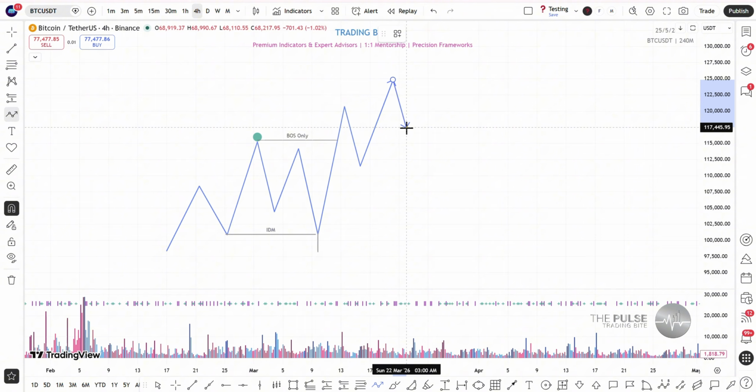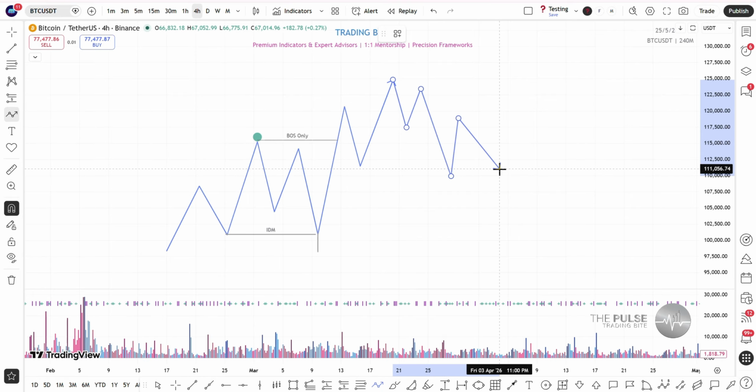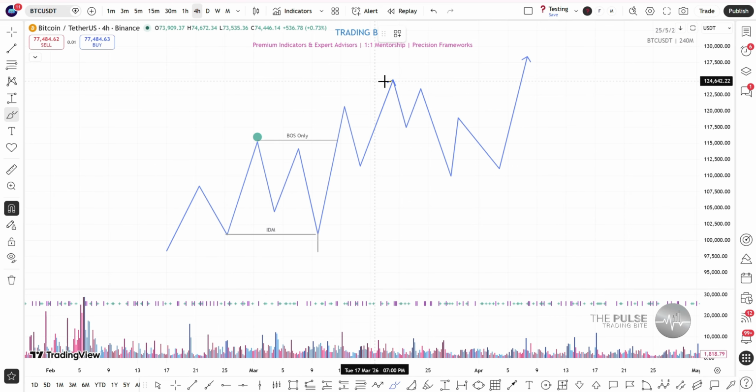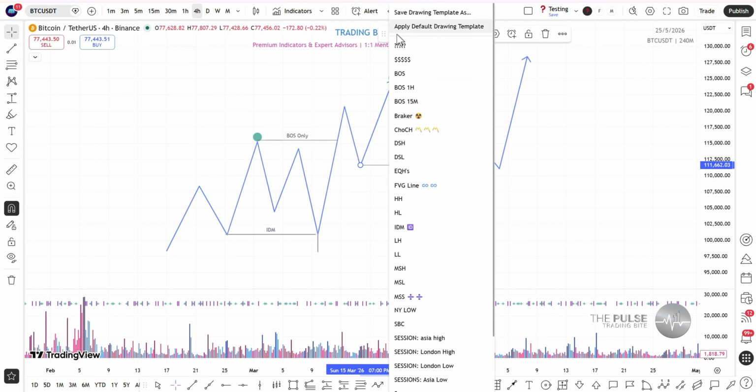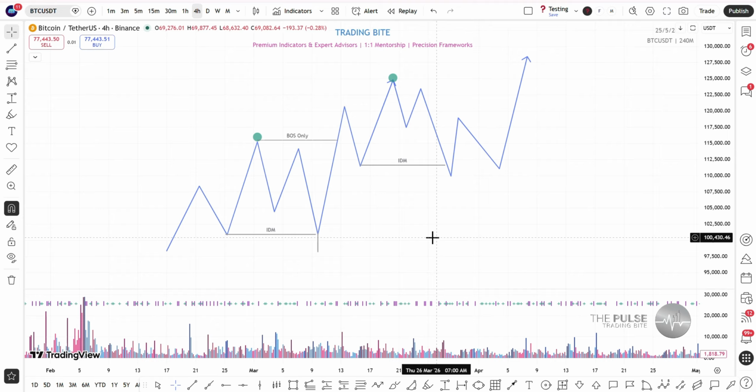From that point, our new high point is right here. This is our new high point, or you can call it a reference point, and this is our inducement level.